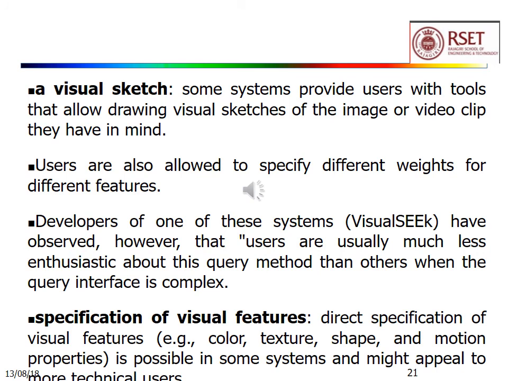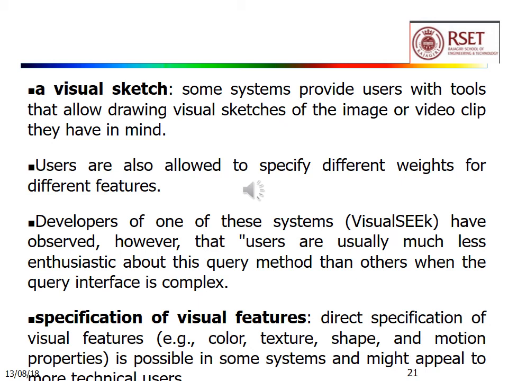Another method is called a visual sketch. Some systems provide users with tools that allow drawing visual sketches of the image or video clip they have in mind. Users are also allowed to specify different weights for different features.